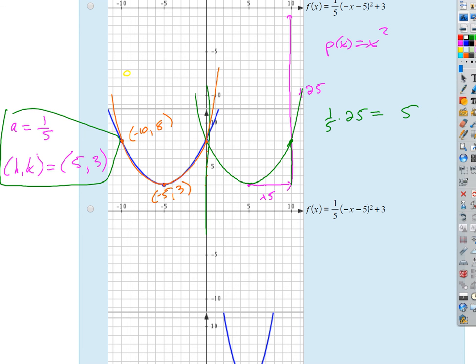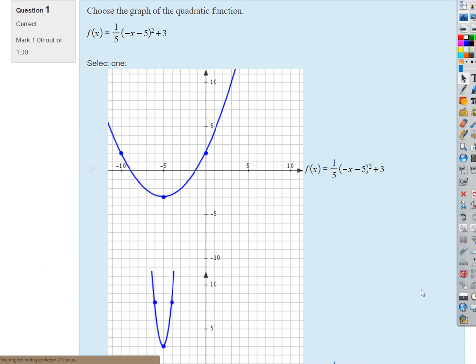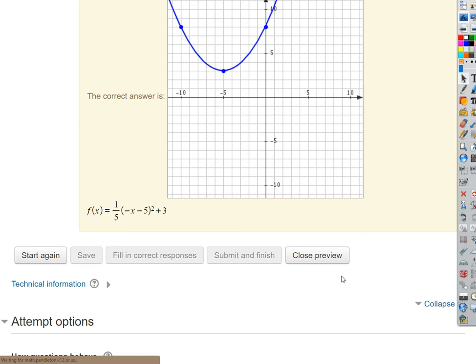Last one you got to know how to do. So if you can do those, you're great. Check that. We got it, right?